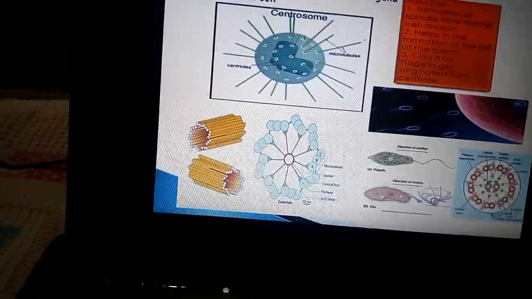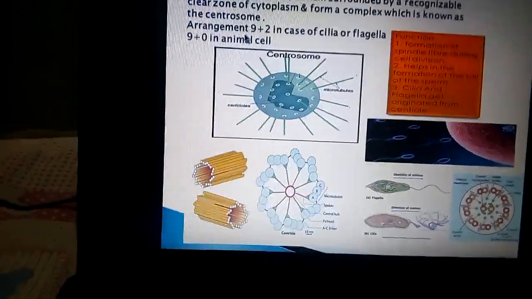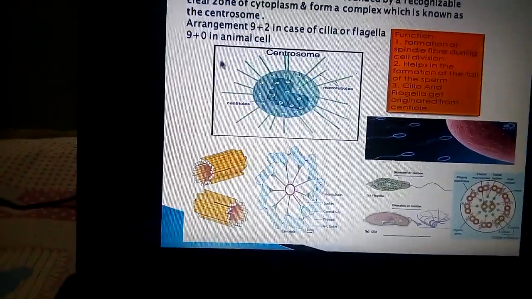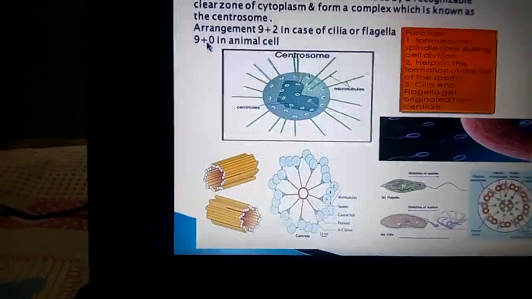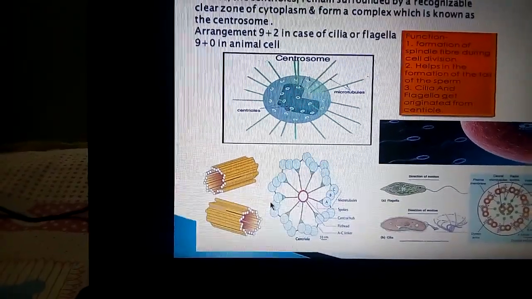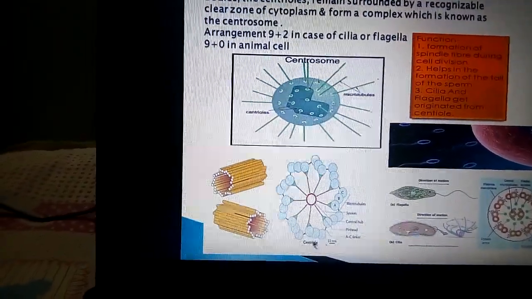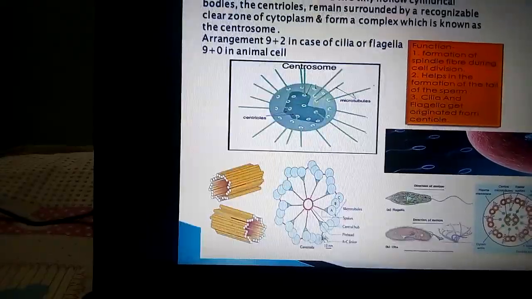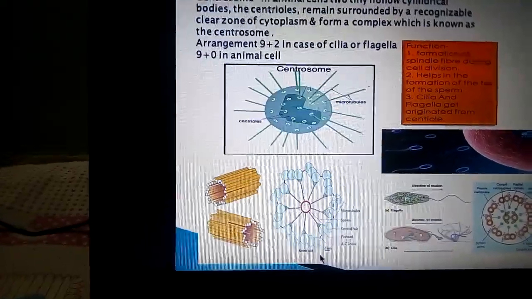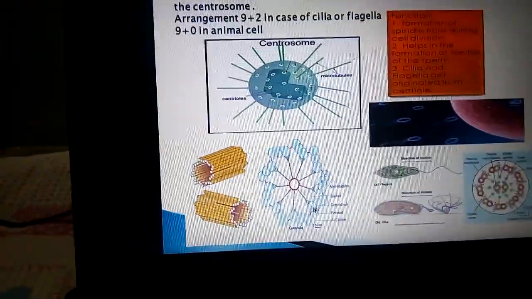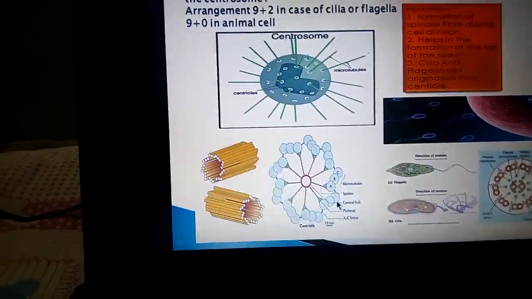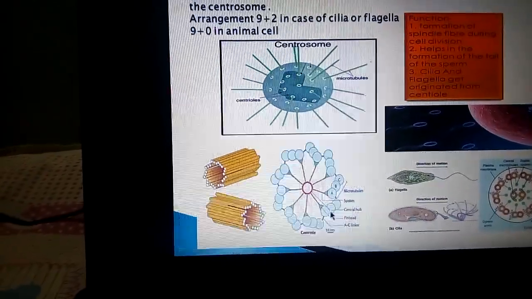Now come to this structure. I already told you that in case of animal cell, the arrangement is 9 plus 0. Why 9 plus 0? Because in the outer portion there are 9 microtubules, and each microtubule consists of 3 subtubules.